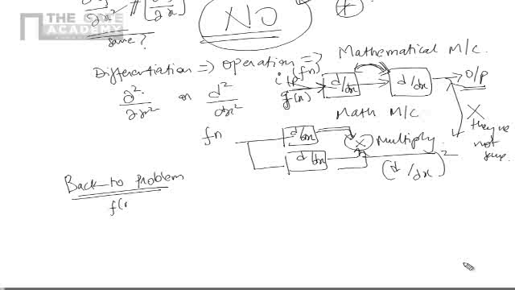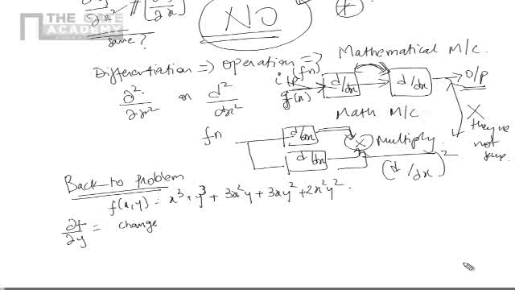What is my f of x, y? f of x, y is x³ + y³ + 3x²y + 3xy² + 2x²y². So first let us start with ∂f/∂y. What is ∂f/∂y?